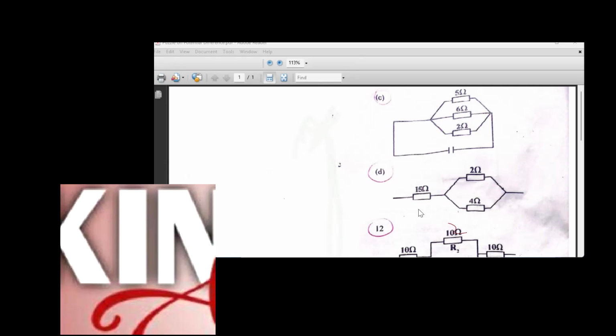But I do promise you that in our next class, we are going to do more of these particular problems, more problems with respect to resistors, current, and potential difference.